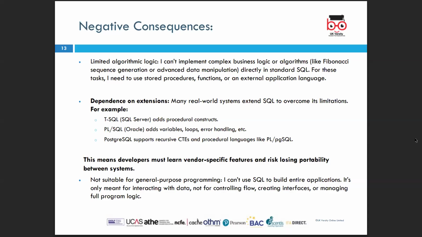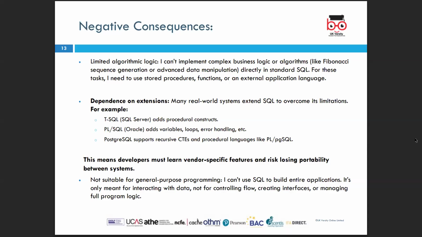And Postgres supports recursive CTEs and procedural languages like PL/pgSQL. This means developers must learn vendor-specific features and risk losing portability between systems.